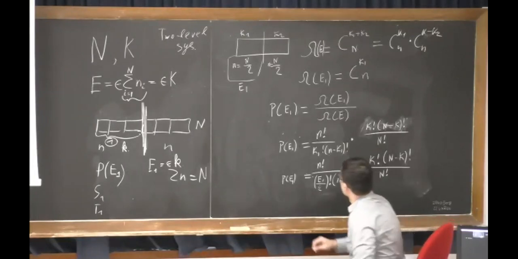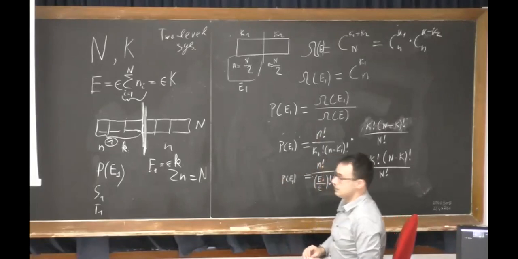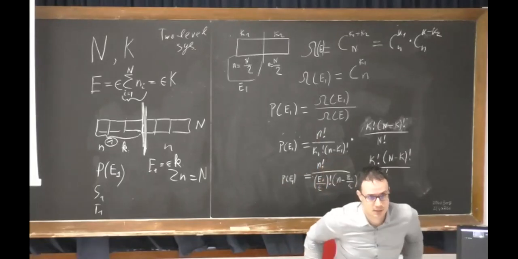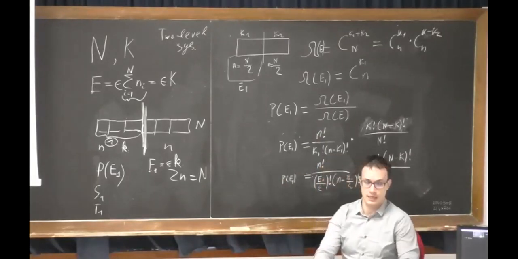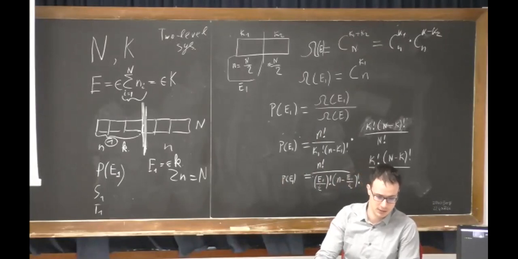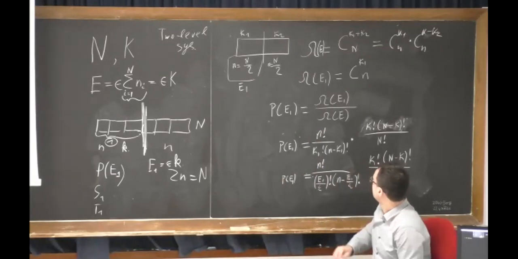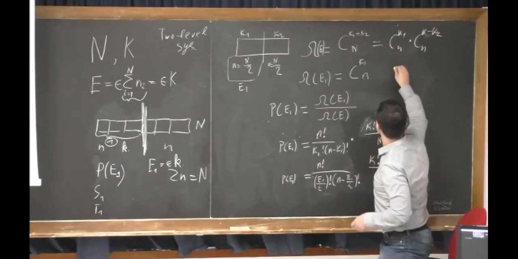Yeah, so the thing is that Boltzmann entropy can be defined for any state. So you can define Boltzmann entropy for E1.